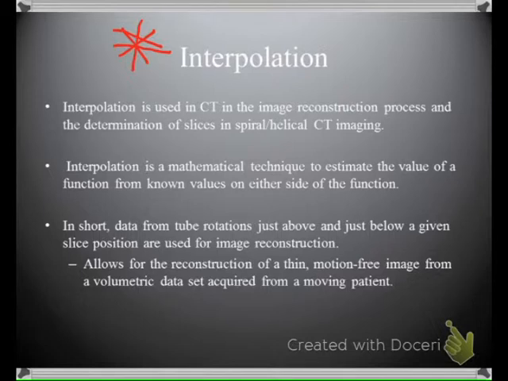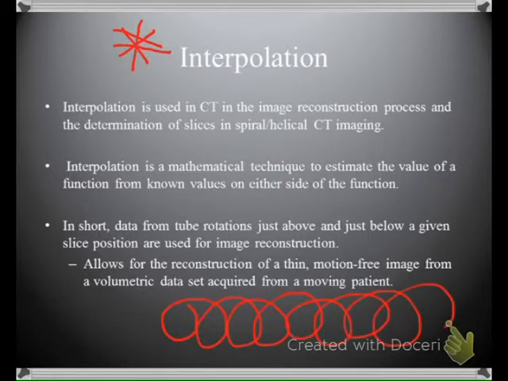In short, data from the tube rotations just above and below a given slice position are used for image reconstruction. And it allows for the reconstruction of a thin, motion-free image from a volumetric data set acquired from a moving patient. And so basically, what it allows you to do is take the information that you acquired while you're going through the helical process and compile it all, so that you can single out one small spot of information.